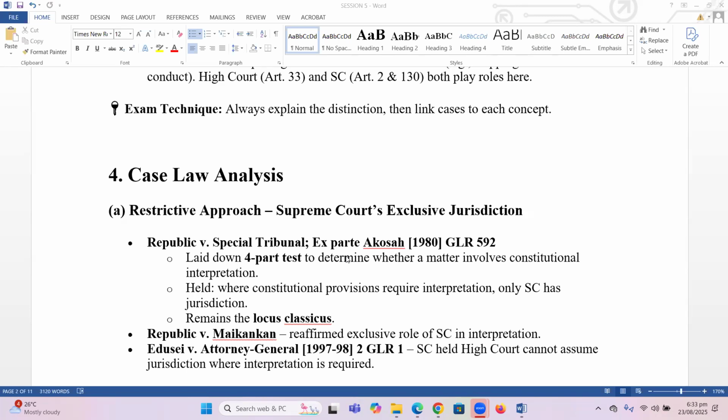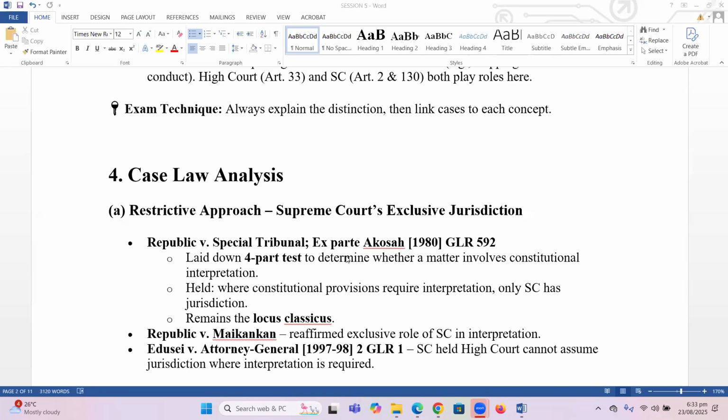From the foregoing data, we will conclude that an issue of enforcement or interpretation of a provision of the Constitution under Article 118(1)(a), I mean, he was talking about the 1979 Constitution, and the implicated provision is in pari materia, meaning that it's significantly the same as what we have under Article 130 of our 1992 Constitution.